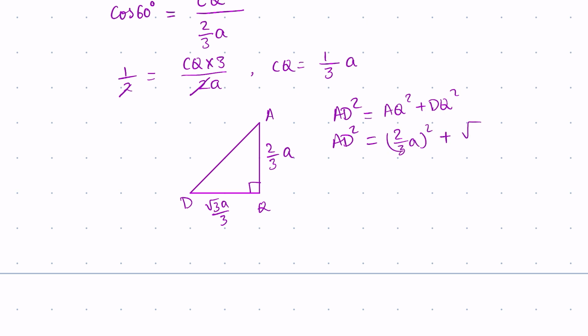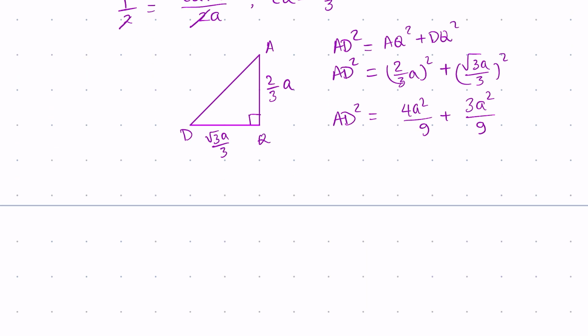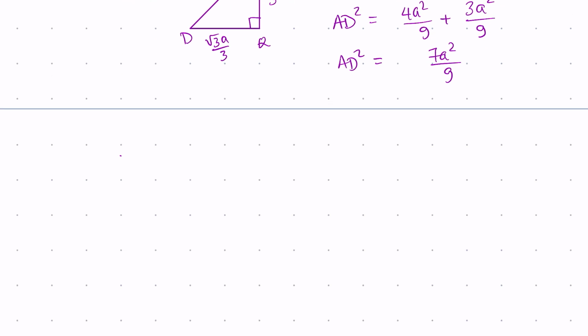DQ is root 3a by 3 whole square. So that gives us AD squared is equal to 4a squared by 9 plus 3a squared by 9, which is nothing but 7a squared by 9. That's AD squared. Therefore, 9AD squared is equal to 7a squared.